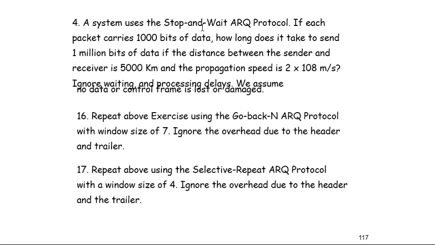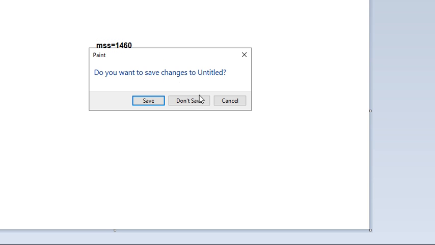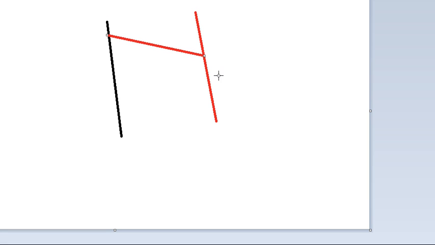Now first, in stop and wait, it will send the data. If you draw a stop and wait, first the sender is sending the data, right?